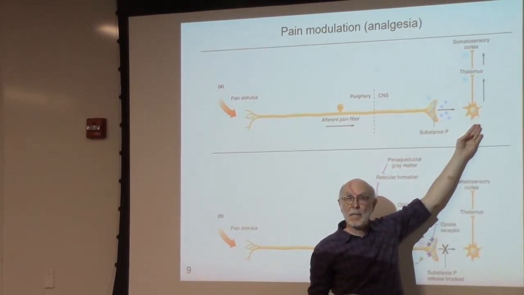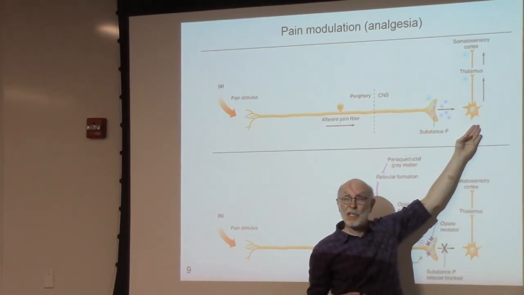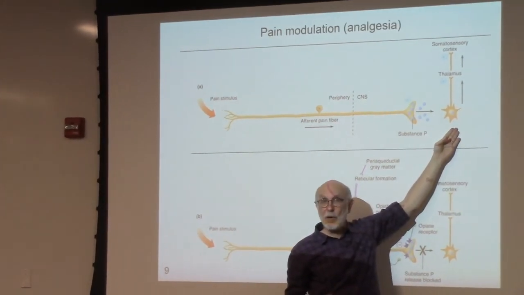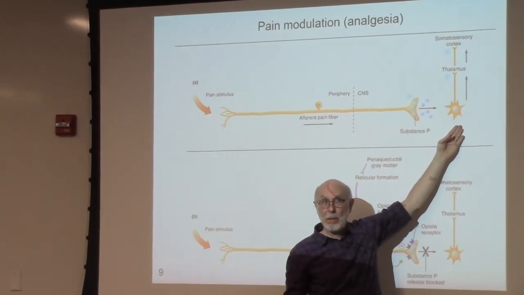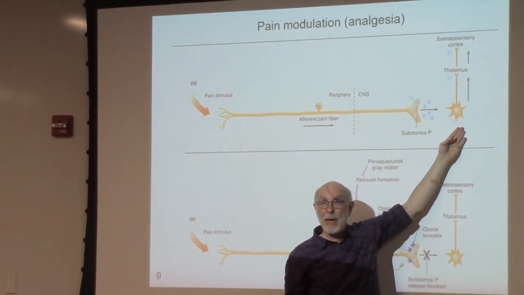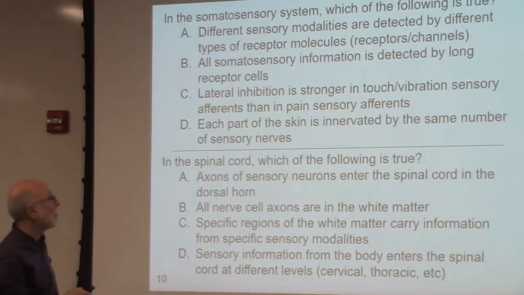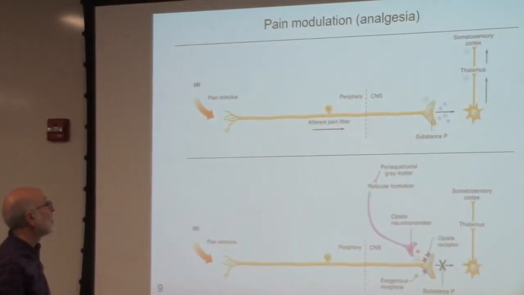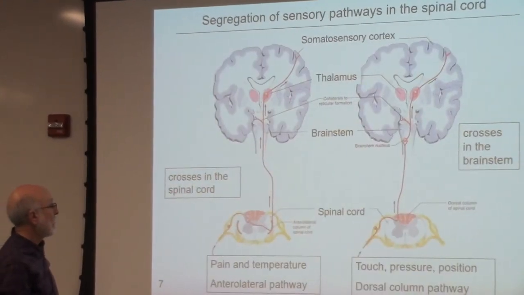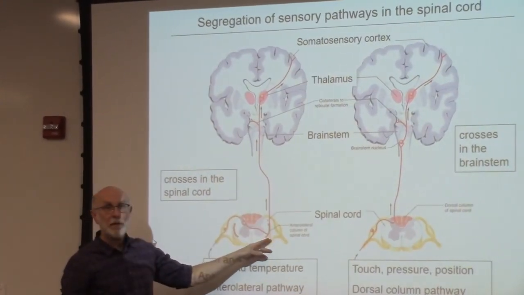This is a secondary pain pathway. Does it cross over in the gray matter of the spinal cord? Pain does. Pain crosses over in the spinal cord.